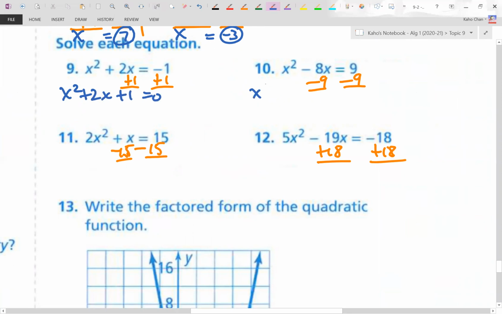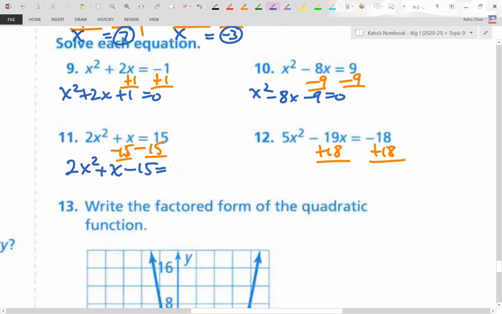Number 10 is x squared minus 8x minus 9 equals 0. Number 11 is 2x squared. It's getting a little cramped here. Sorry about that. So 11 and 12 might require a box for a lot of you. That's okay. We have a little time. Actually, we're doing pretty good on time, barely 20 minutes here.